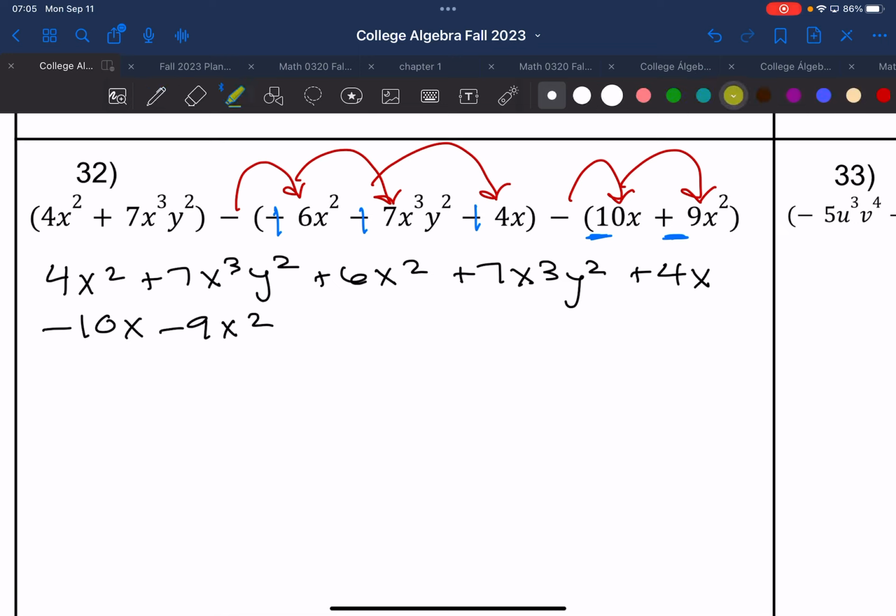Then I'm going to work on combining like terms. So my x squareds, then my x cubed y cubed, oops, and then my x's. Okay. What variable is going to come first?